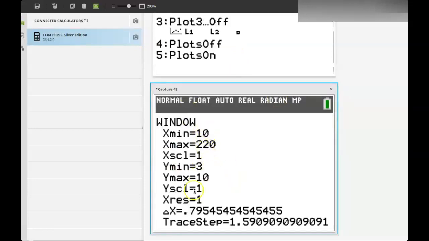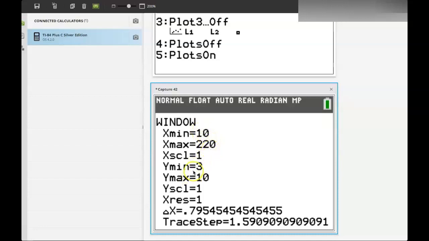I'm choosing to have the minimum value for x 10 and max 220 based on the numbers in the first column for x's, because the smallest number we have for x is 35 and the largest one is 190. So obviously all of these numbers on the first column are in this interval.